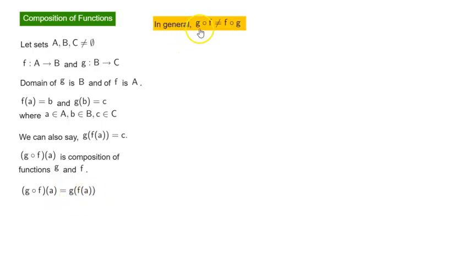In general, g∘f is not equal to f∘g. That means the sequence in which we carry out these operations is very important. Even if g∘f is defined, f∘g may not be defined because of inconsistent domains.